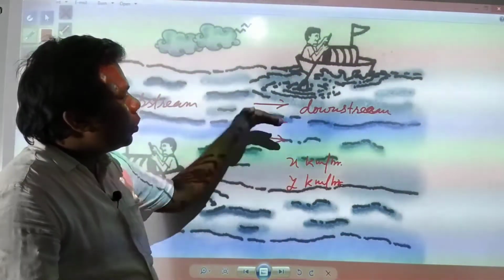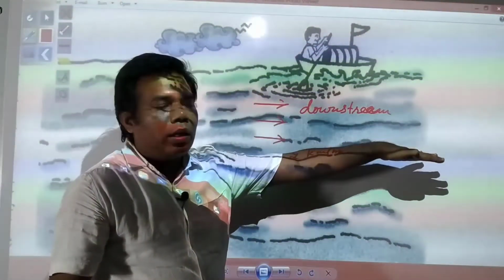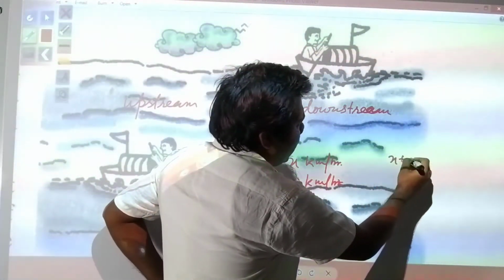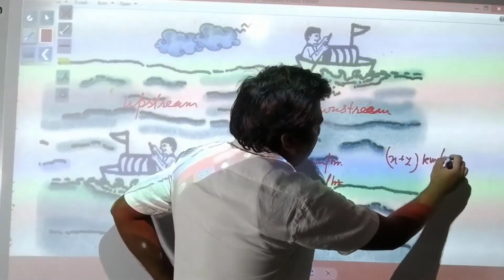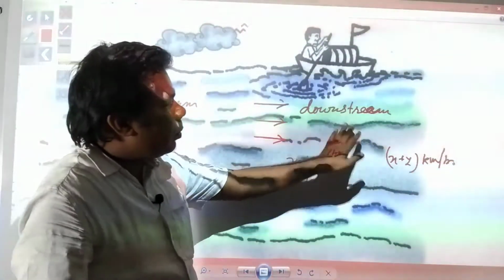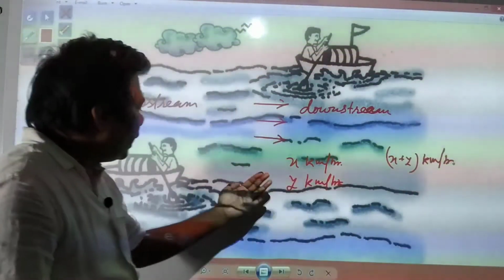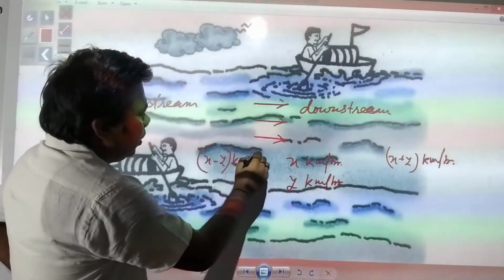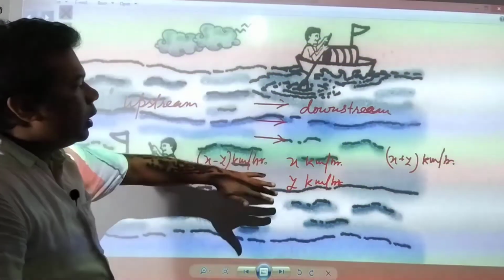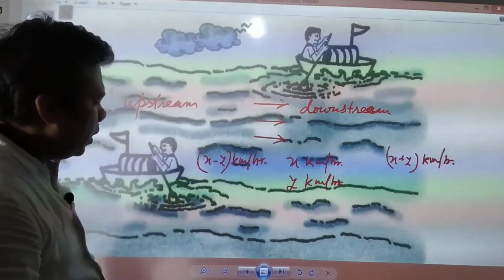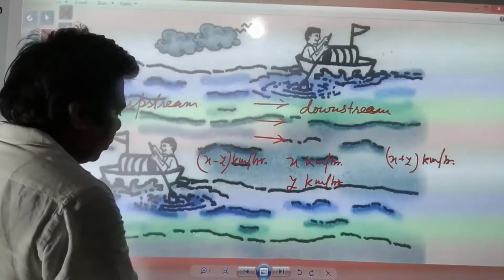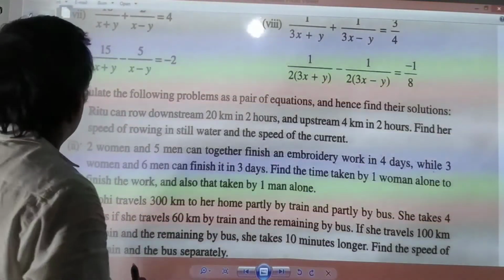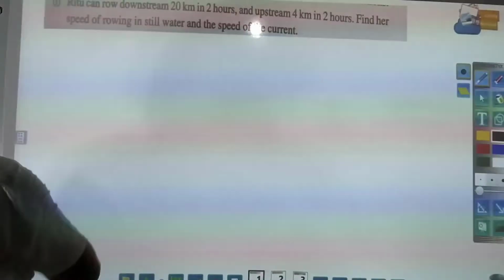If someone is going downstream, the speed of the boat will be x plus y km per hour, and in upstream it will be x minus y km per hour. It was already explained in your example. I hope you understand. So let's see how we will find the equations and then solve the question.